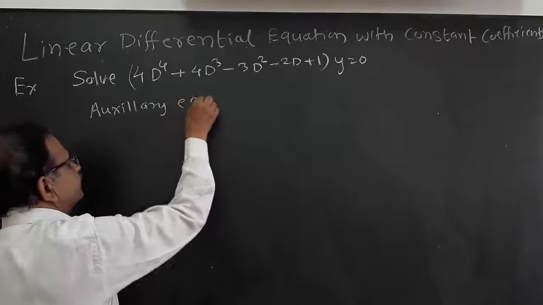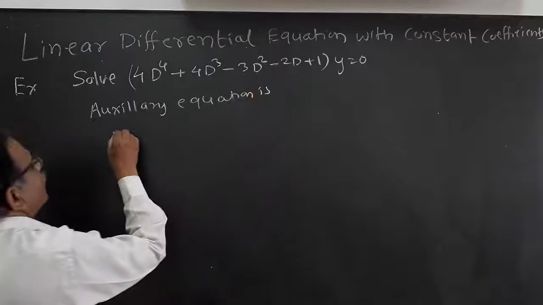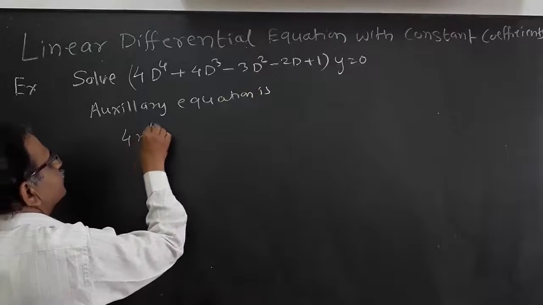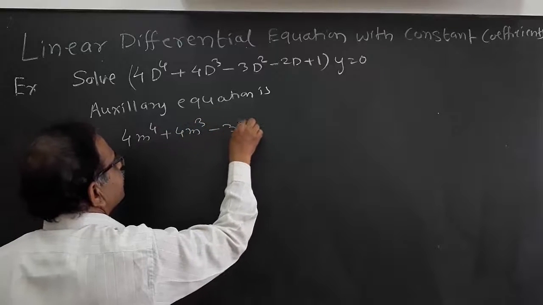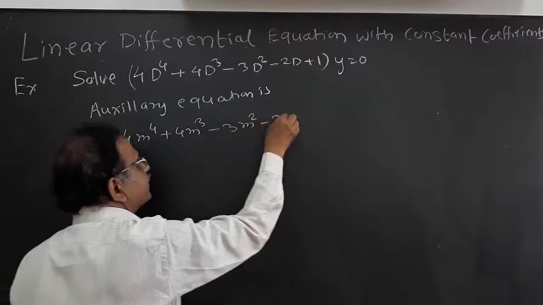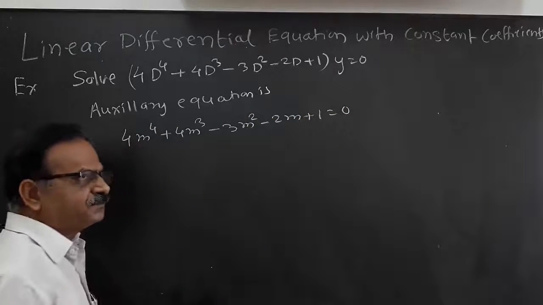The auxiliary equation is 4m raised to 4 plus 4m cube minus 3m square minus 2m plus 1 equal to 0.